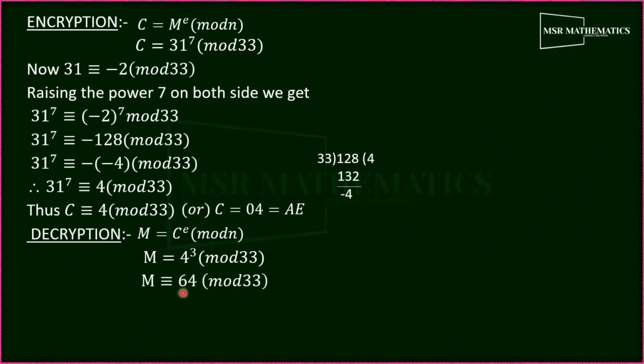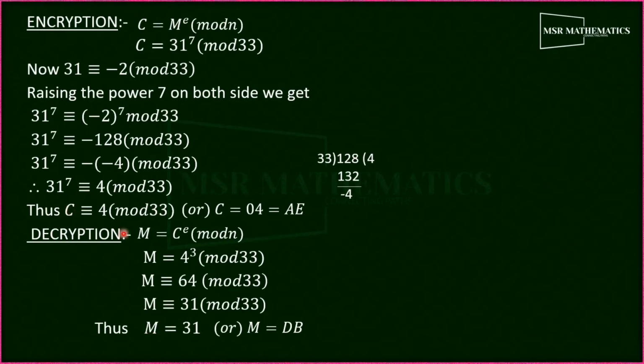Here we find the remainder for 64, and we get the value 31, since 33 into 1 is 33 and 64 minus 33 is 31. Therefore M is congruent to 31 under modulo 33, so the M value is 31. We can write 31 as 3 and 1, so 3 is D and 1 is B. Therefore the decryption value for M is DB.